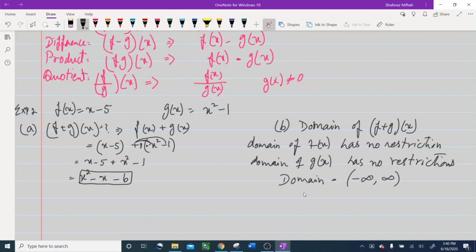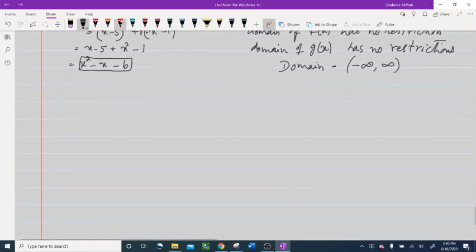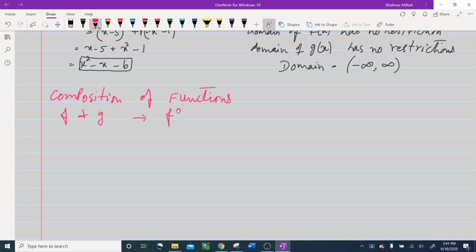Let's talk about composition of functions. Composition of functions means, for example, if you have a function f and a function g, then we write the composition like this: f, and you have this circle like a 0, O, g, and it's defined by an equation.